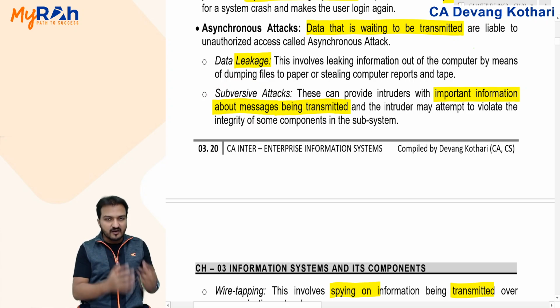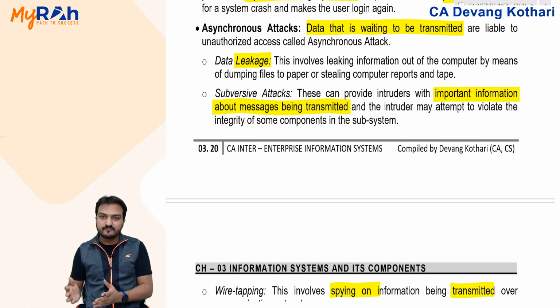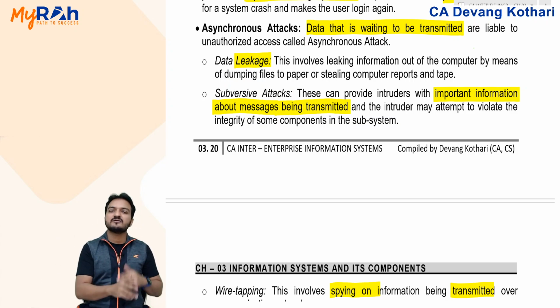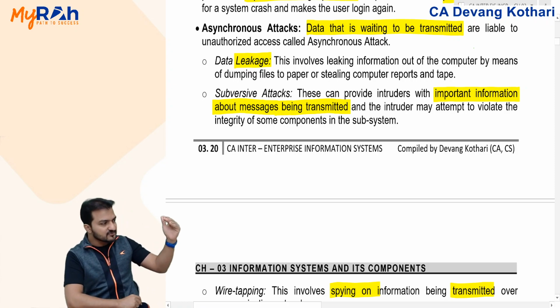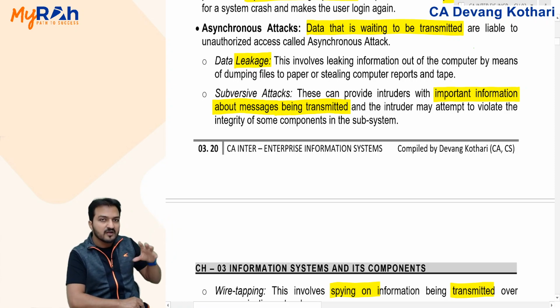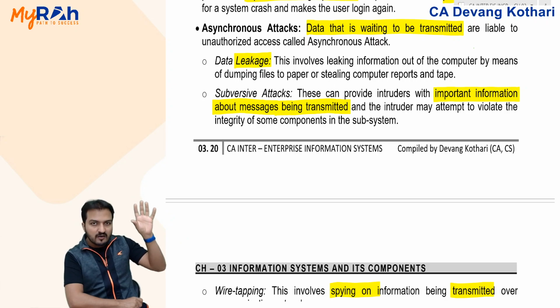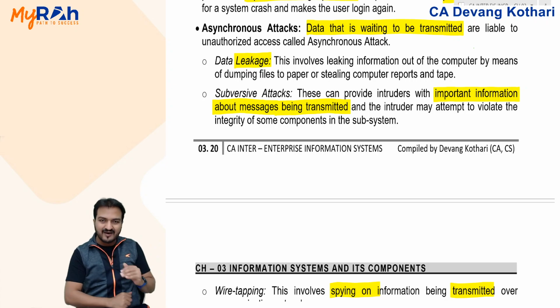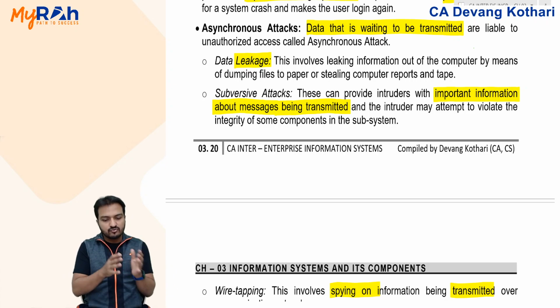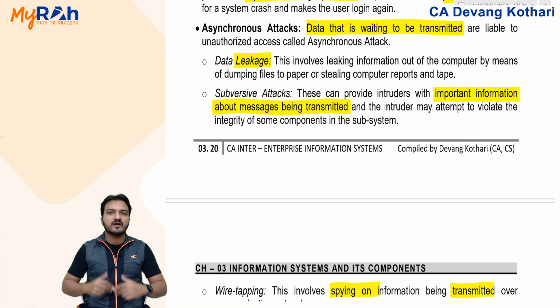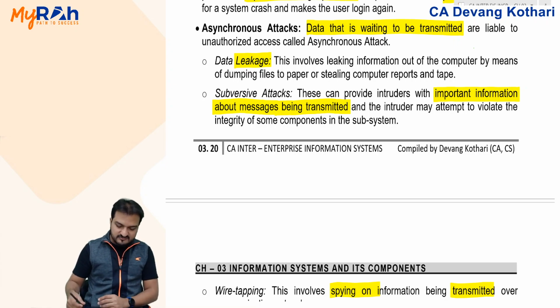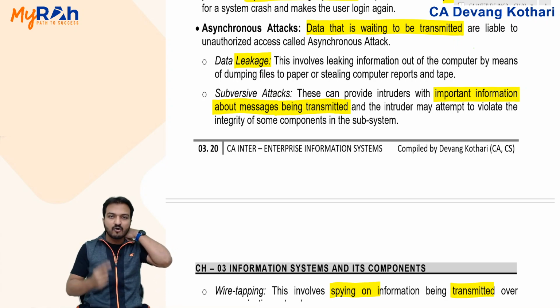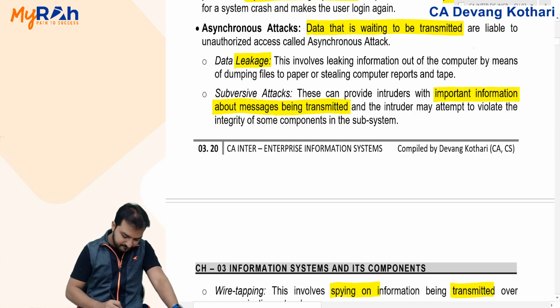My credit card number is not lost, but information about my transmission is given to someone. Somebody does not come to know my credit card number directly, but he will come to know that I am about to transfer the credit card information on the network. That becomes my subversive attack, information about the message that is being transmitted.